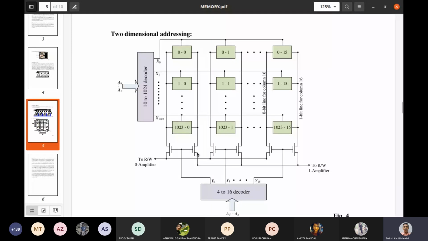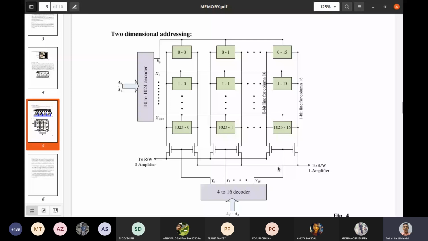The 0-bit line is connected to the read-write 0 amplifier, and the 1-bit line is connected to the read-write 1 amplifier. So for all the columns there are two lines: one is the 0-bit line, another is the 1-bit line.